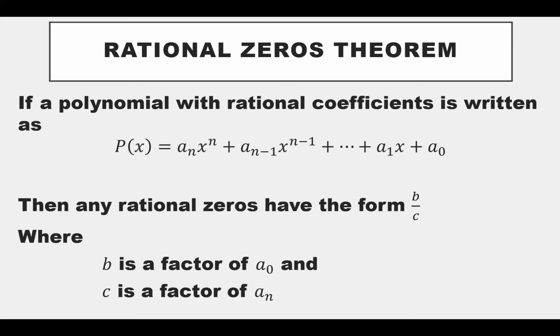Now, this doesn't give me irrational zeros of our polynomial. It doesn't give me the complex zeros, but it will give me all the rational zeros of the polynomial. So the rational zeros theorem is just that. It gives me a way to pare down my choices for the zeros, which will be rational numbers.